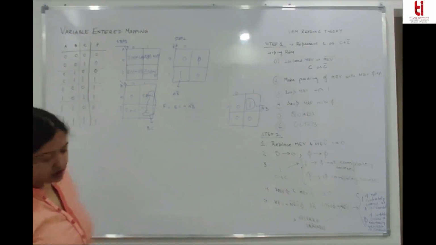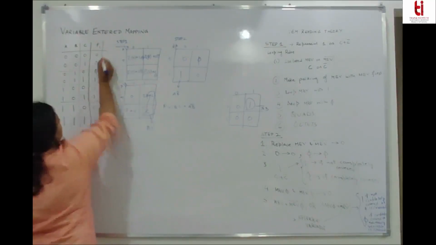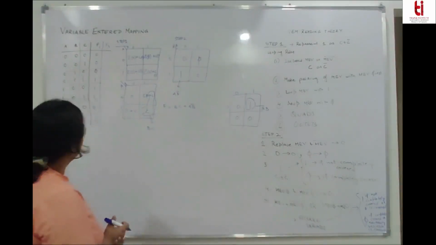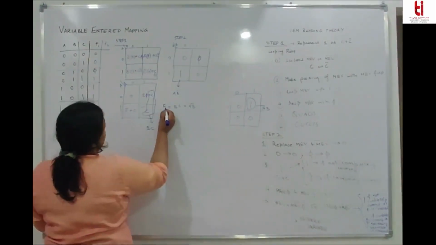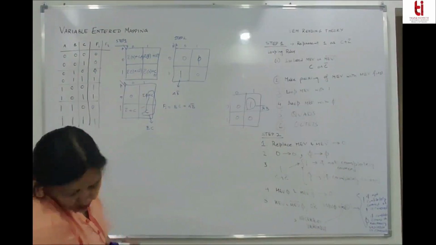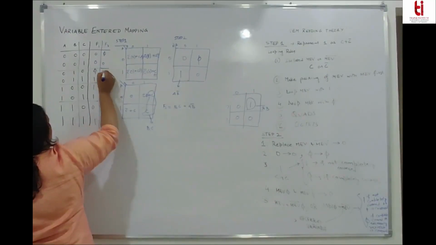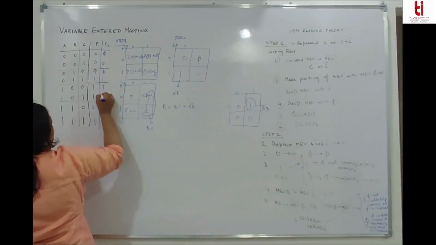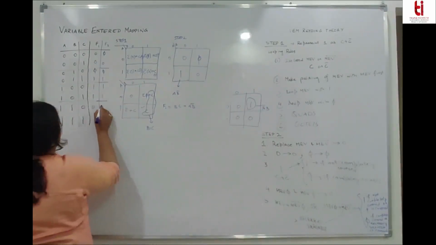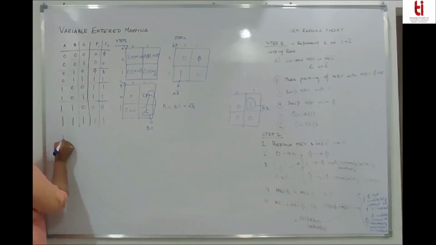Let's have more functions. So this was F1, let's have another. What is F2? These are the outputs. So let's find out for F2.